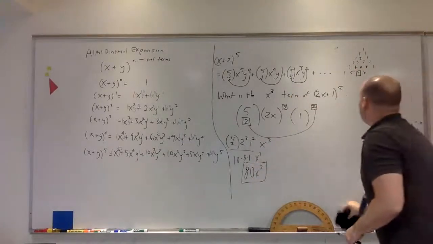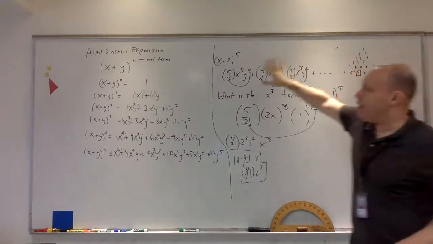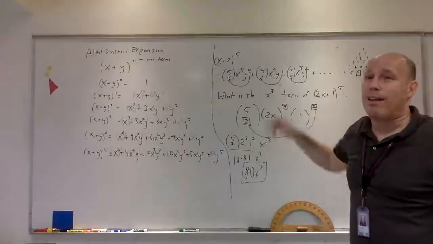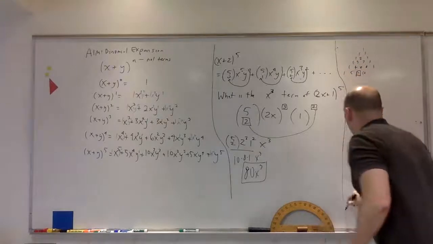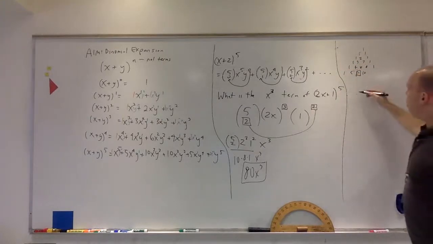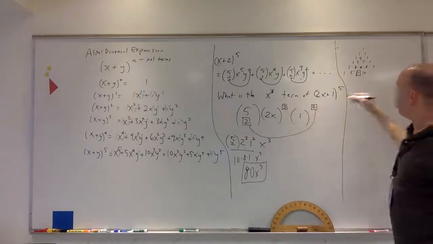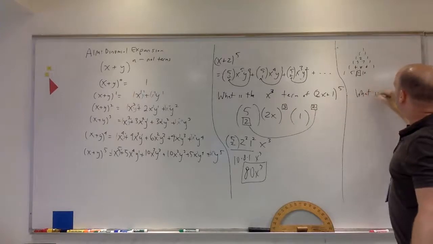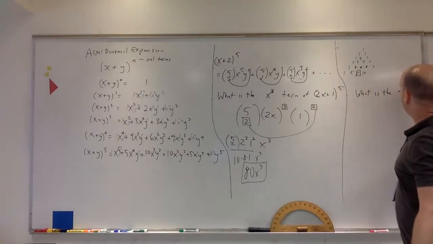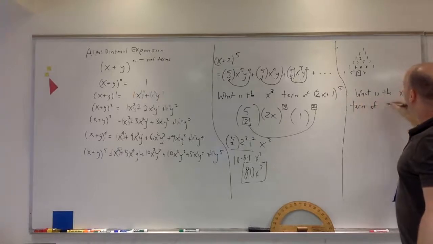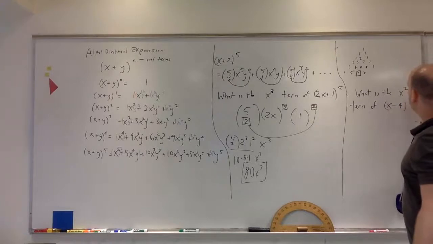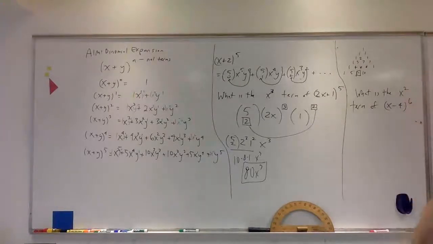Let's try another one. Once again, the second you see this, throw Pascal's triangle down, it'll help you. I'm going to leave Pascal's triangle up there. How about we say, what is the x squared term of x minus 4 to the 6?